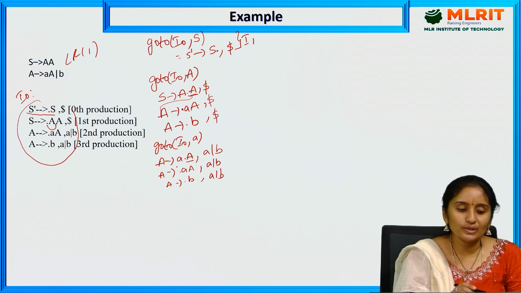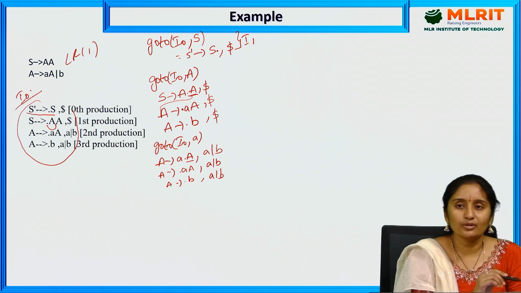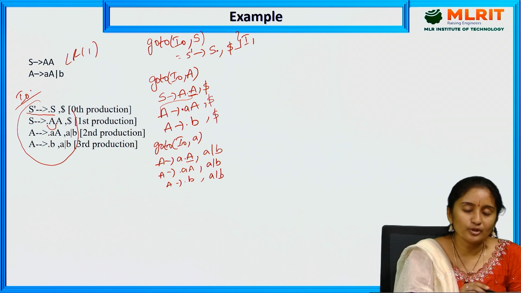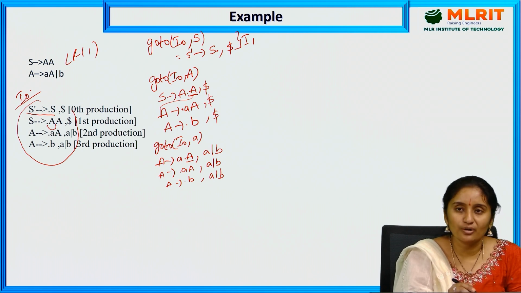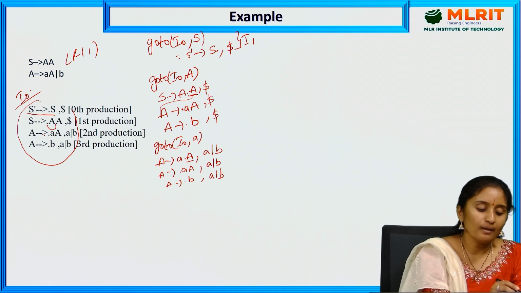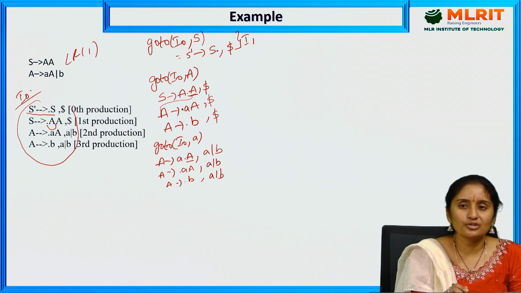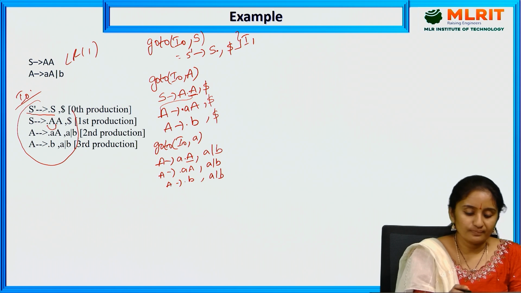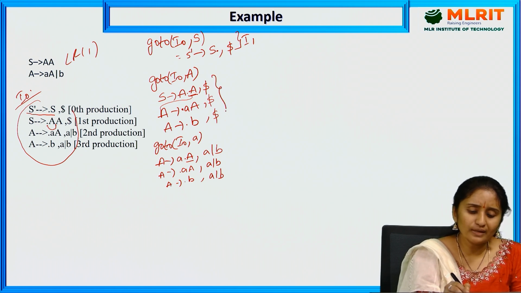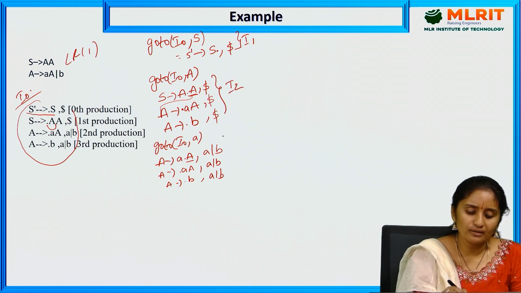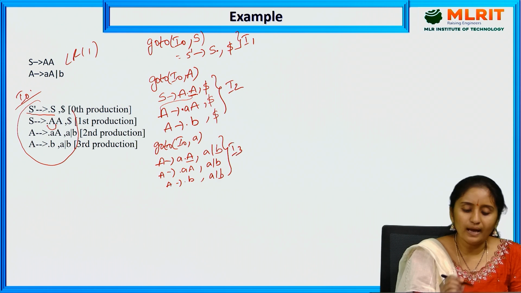The productions we write are from the I0 state, the same as it is; we do not apply the goto function again on them. So the previous one is the I2 state and this is my I3 state.